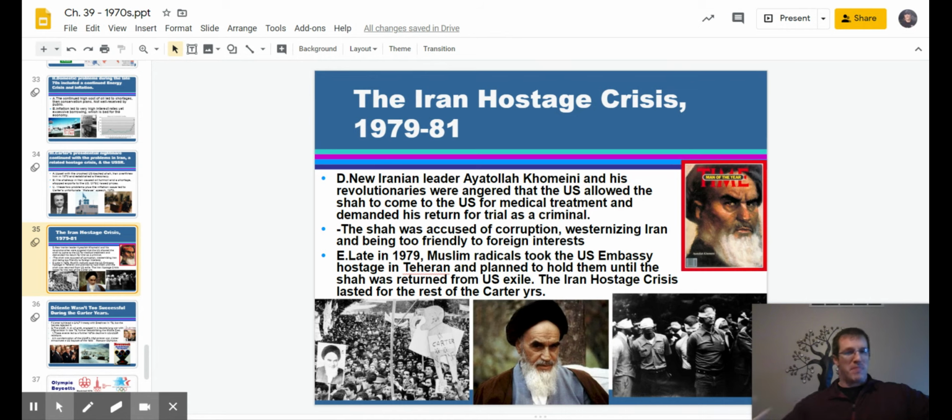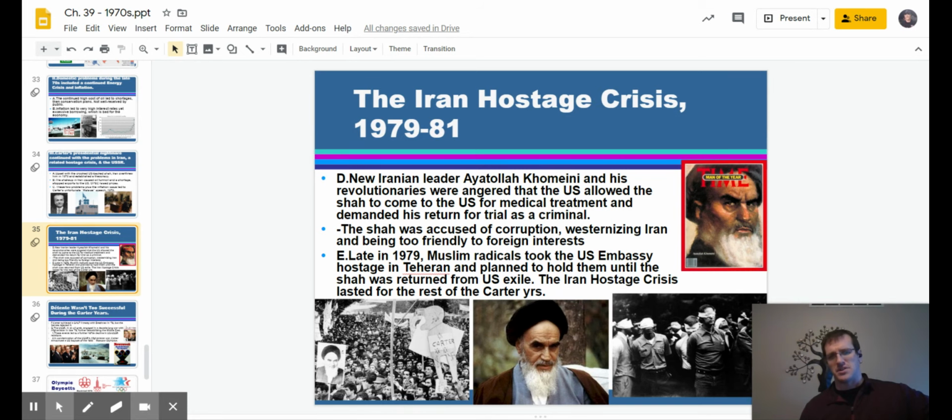The U.S. brings him back to the United States after he's overthrown for medical treatment and things like that. Well, the Ayatollah and these new Iranian revolutionaries, they want him to come back to Iran to stand trial as a criminal for his corruption, being too friendly with foreign interests, things like that.